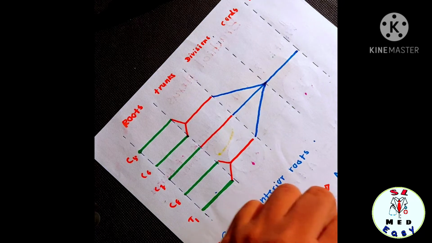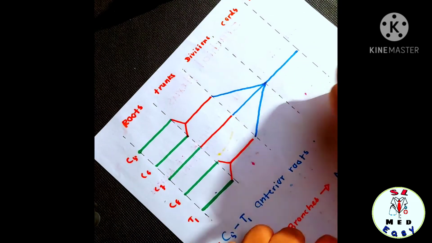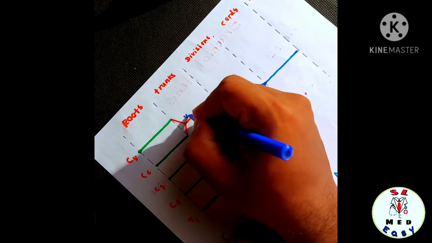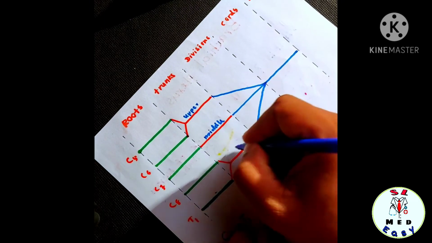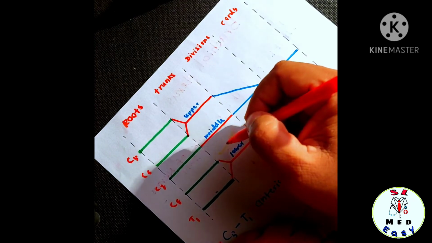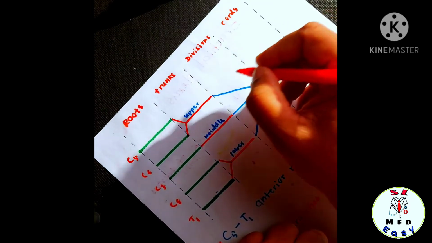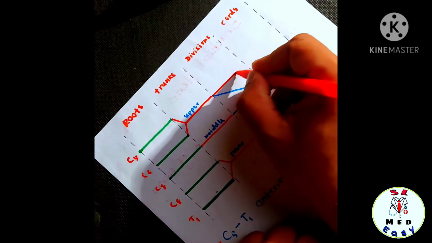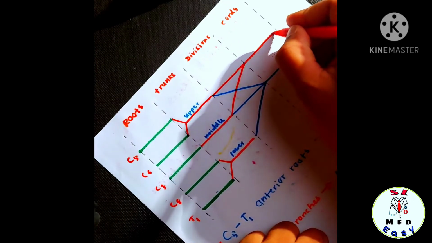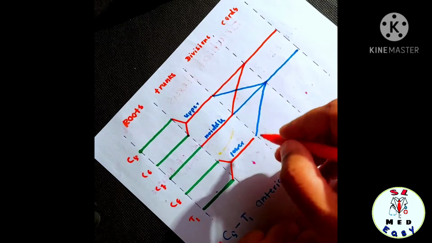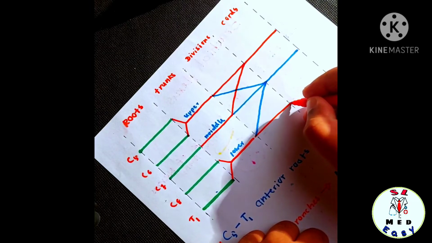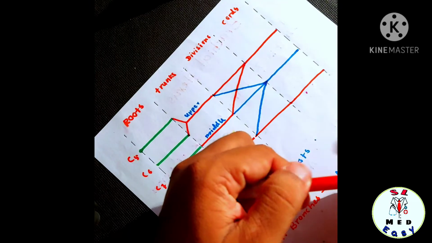Okay, the anterior divisions of the upper and middle trunks unite to form the lateral cord, right? Lateral cord. Okay, that continues as the lateral cord, but the anterior division of the lower trunk continues as the medial cord.